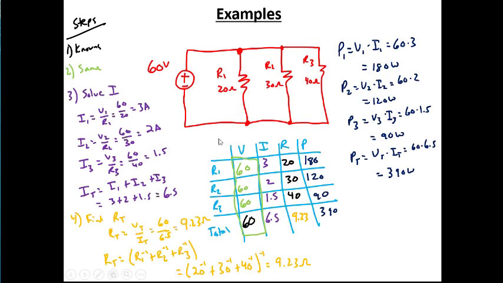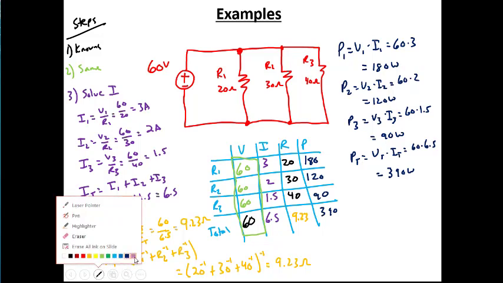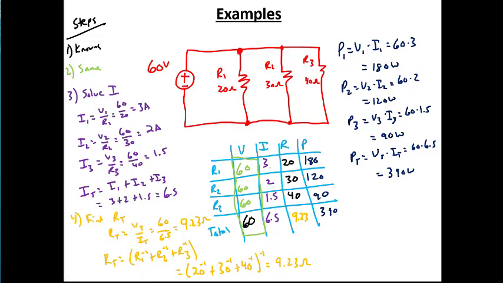And let's look at the current. So what is the current doing? We'll do this one kind of in stages. Let's start off here, and the total current we have is 6.5, okay?